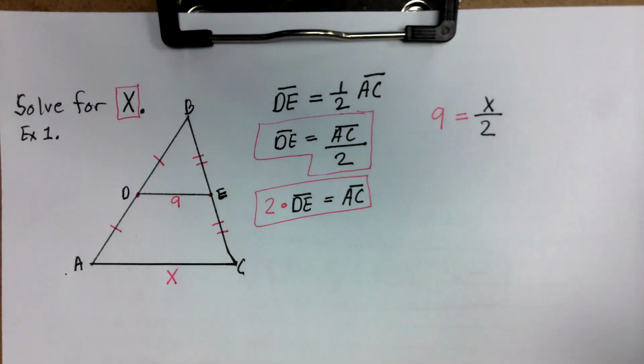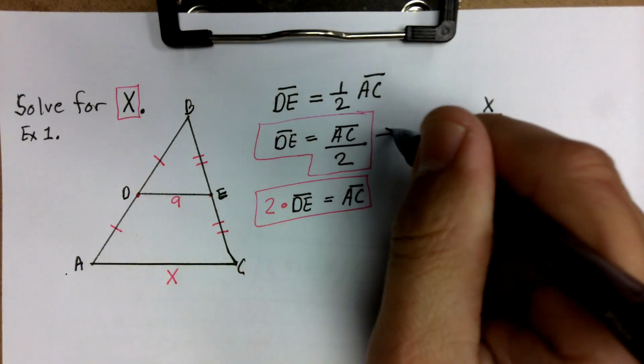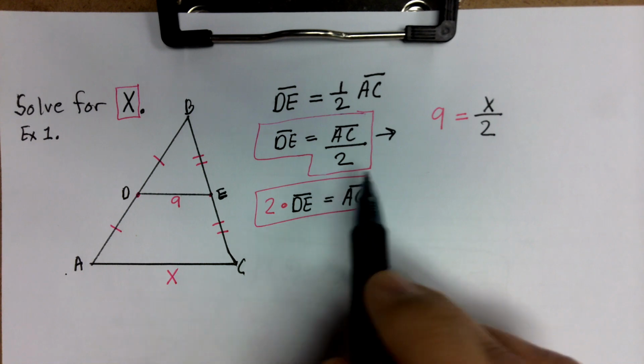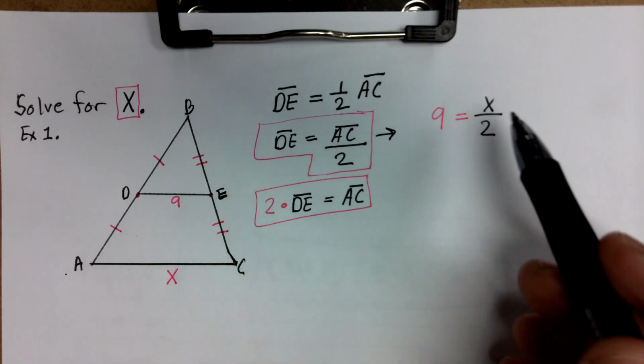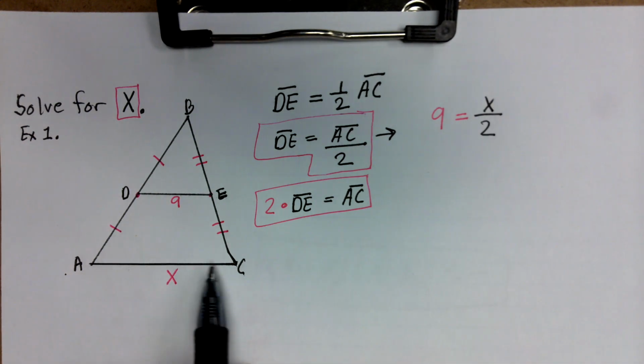Now, once we set this problem up, and this is actually using this theorem right here, so segment DE is equal to segment AC divided by 2. So x represents the segment A to C, and I'm just going to highlight it real quick.